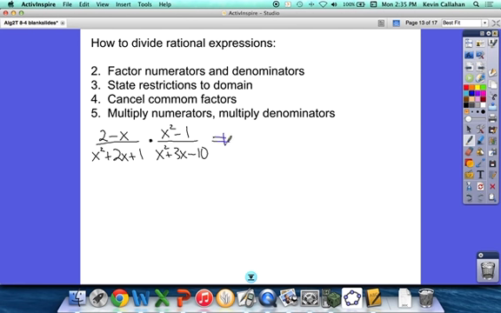All right, this will be x squared plus 2x plus 1 is 1 and 1, right? That's x plus 1 times x plus 1 times, and x plus 1 over x minus 1, and now that'll be x plus 5, x minus 2.